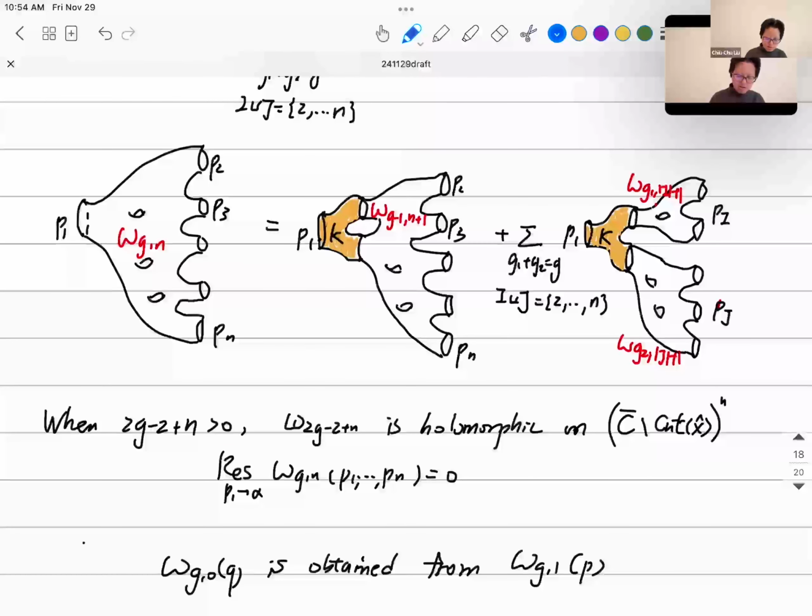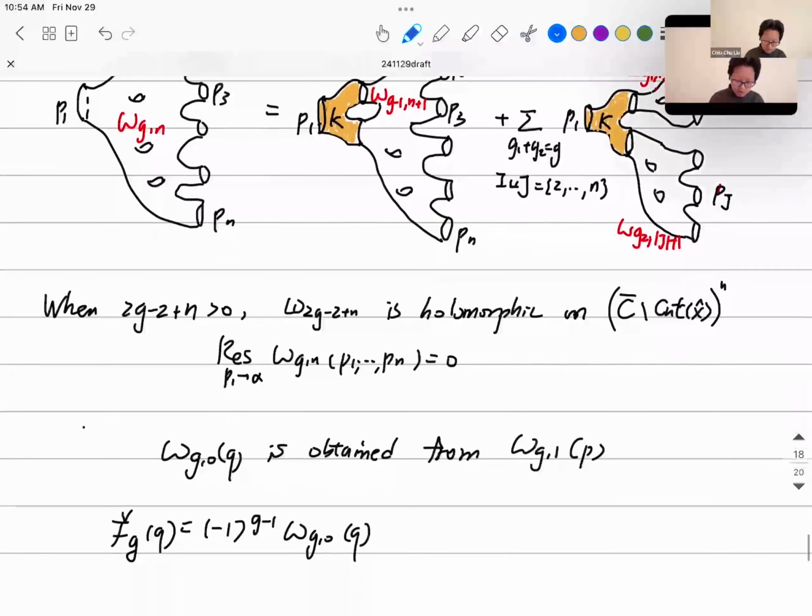So this defines omega g,n, and omega g,0 is obtained as follows: we define omega g,1 and take a further residue, and this defines omega g,0. But after you take this further residue, this becomes a function depending on little q.